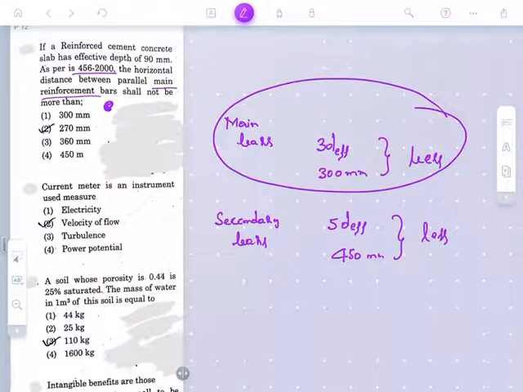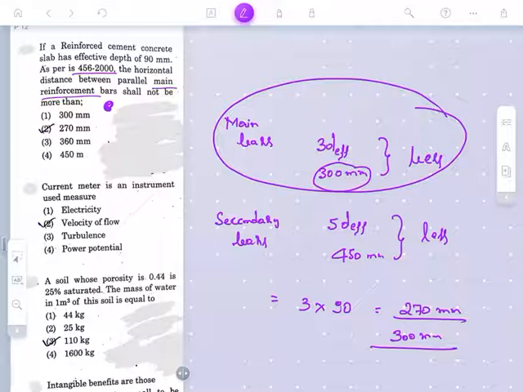So this condition will come into account, which is 3 times D effective. The D effective is 90 mm. If you calculate this, it will be 270 mm, and the other condition is 300 mm. Of these two, whichever is the least has to be considered. So 270 mm is the right answer for this question.